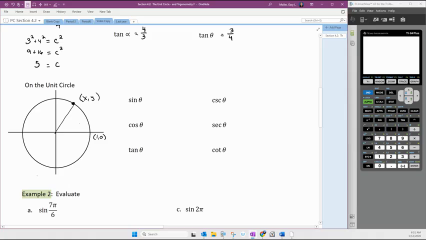Then if I make a right triangle out of this, as we've done many times, we know that this is going to be the x distance, this is the y distance, and this is 1.